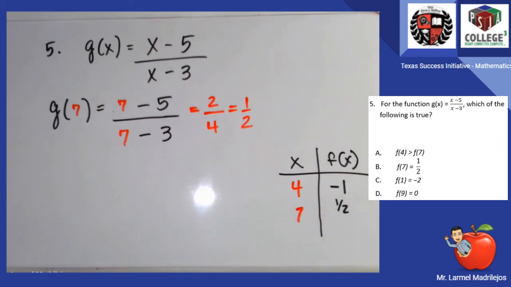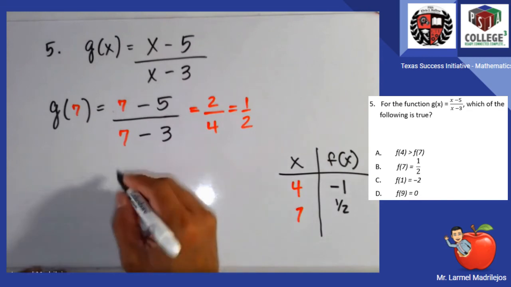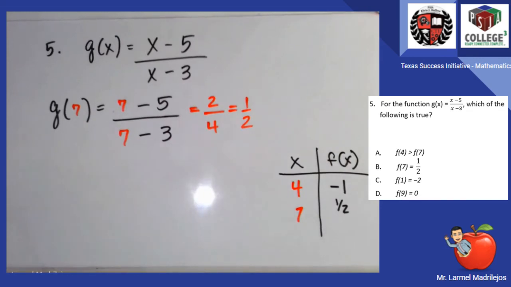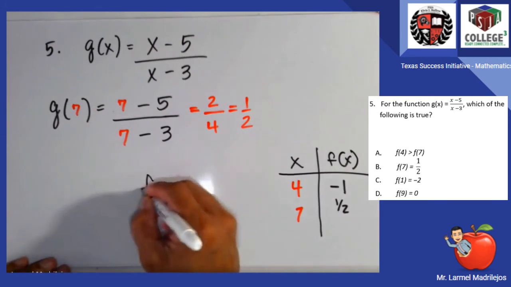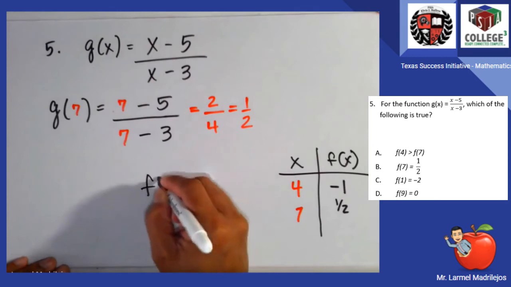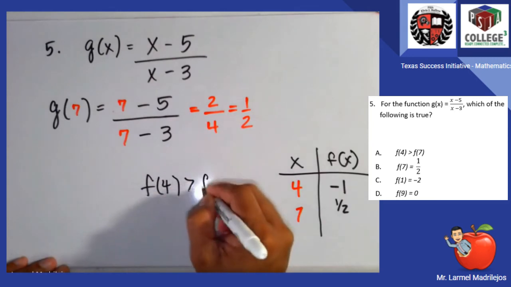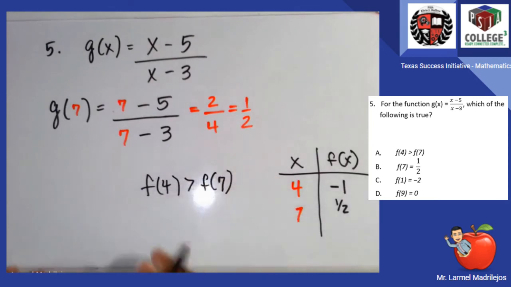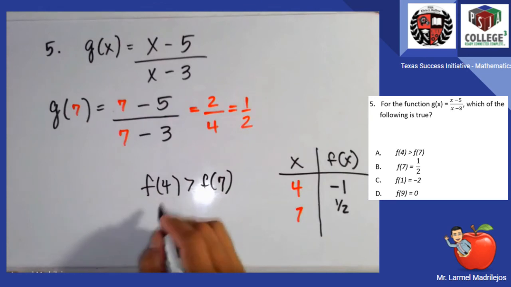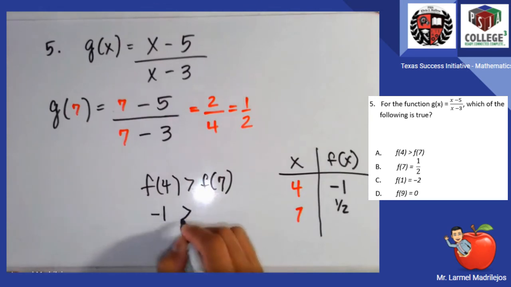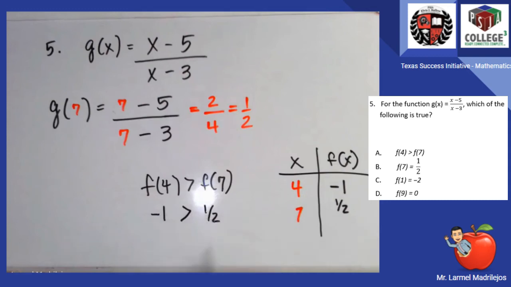Okay. So the first letter is f of 4 is greater than f of 7. Is f of 4 is negative 1 greater than 1/2? That's false. Okay, so it's not letter A.